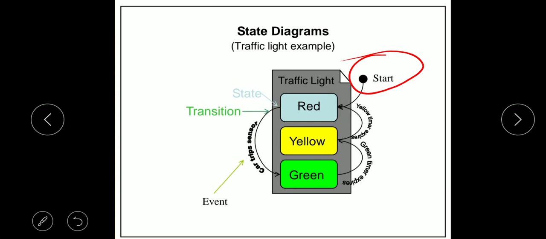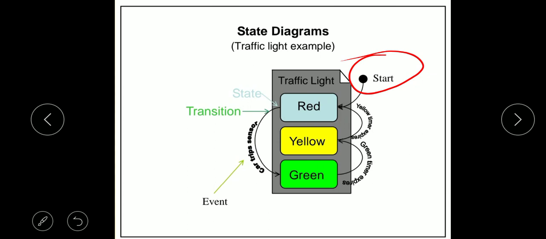Now, from red, after the car trips a sensor, maybe this red will be green, or sometimes you can see there is a timer. So after 180 seconds or 120 seconds are over, the red will automatically be in a state of green. So these are called the events. When green becomes red, green will not directly become red.